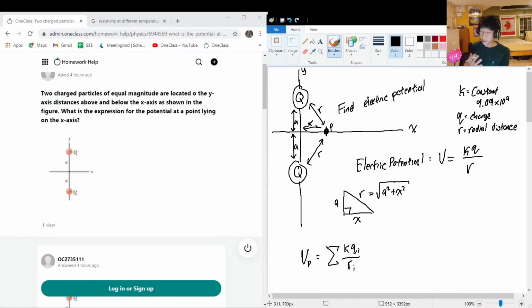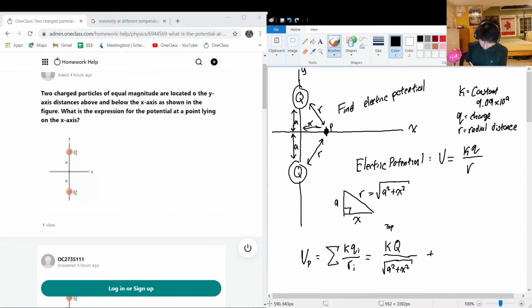So we have to add up the potential contributions from all of them. In this case, it's going to be KQ over, well, this will be the top one, and the R value here is root A squared plus X squared. And we found that with Pythagoras' theorem.